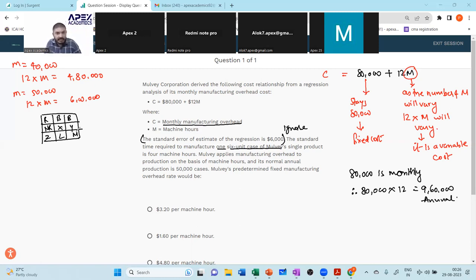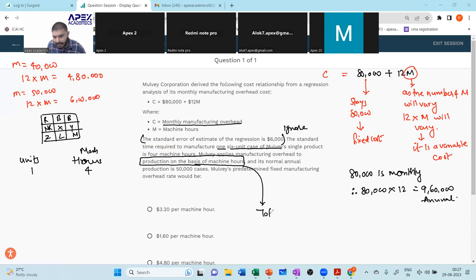They are making a unit like this, which has a 6-unit case. So units and machine hours. It takes 4 machine hours to make 1 unit. And Mulvey applies manufacturing overhead to production on the basis of machine hours. So machine hours are used to calculate the rate.